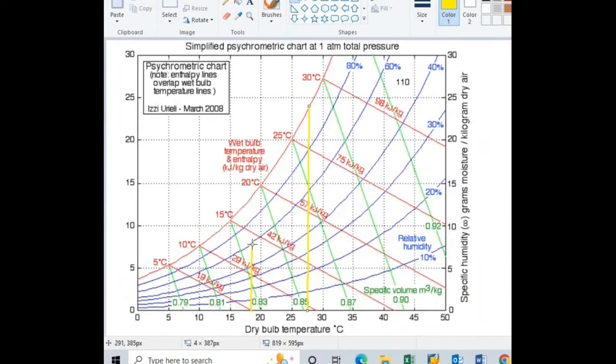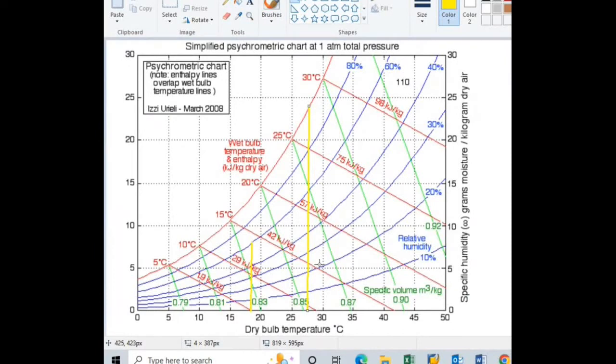Now for this point 1, we will find out first enthalpy. So what is the value of enthalpy? So we will draw here one parallel line to this enthalpy line. If we observe here, this red line indicates the line for enthalpy as well as wet bulb temperature. And the note is given: enthalpy lines overlap wet bulb temperature line.